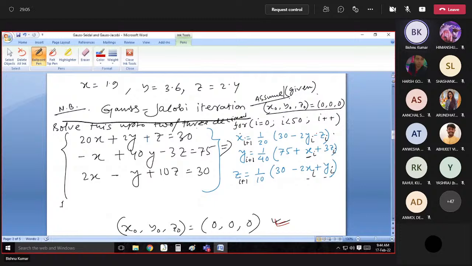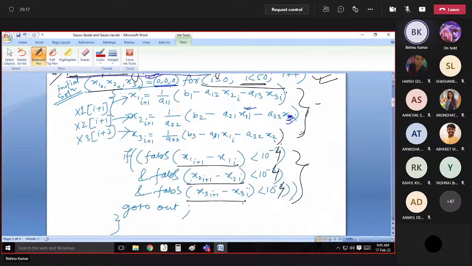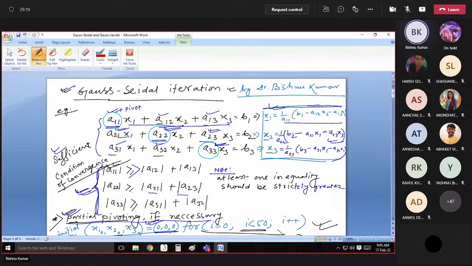Since the sufficient condition is satisfied, meaning the pivot elements are greater than the sum of the remaining coefficients, that verification you have to do for the absolute elements. So both techniques are applicable, or the condition is the same. But the Gauss-Seidel method is more advanced.